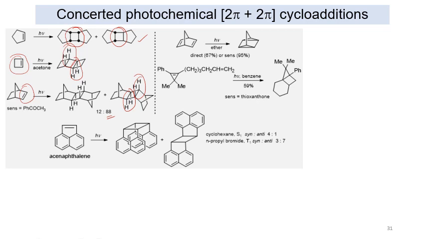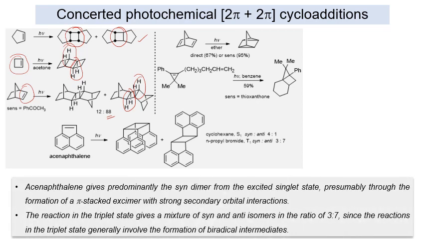All right. In these types of systems, let us first see the acenaphthylene case. Now this gives you the syn dimer. Why does this give you the syn dimer as against the trans dimer?